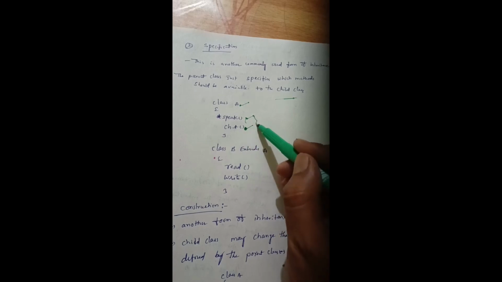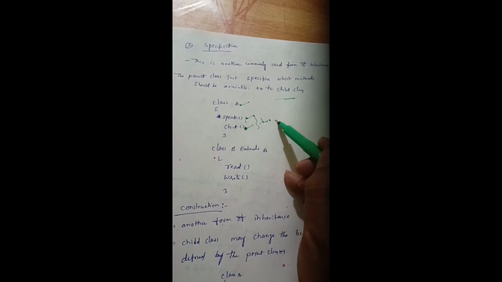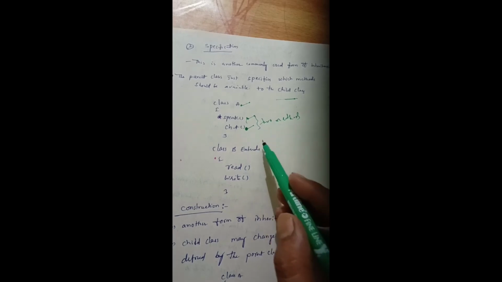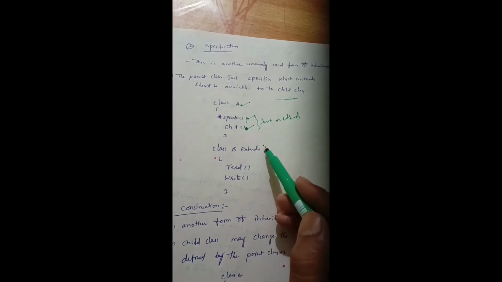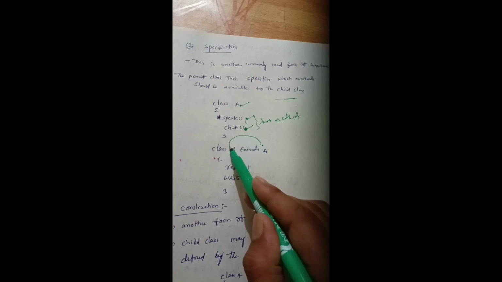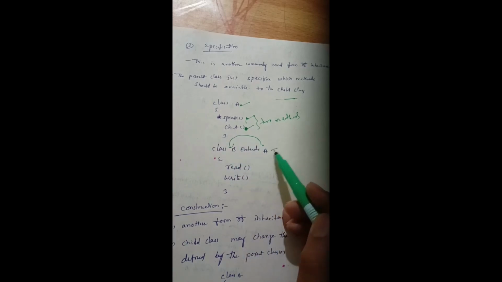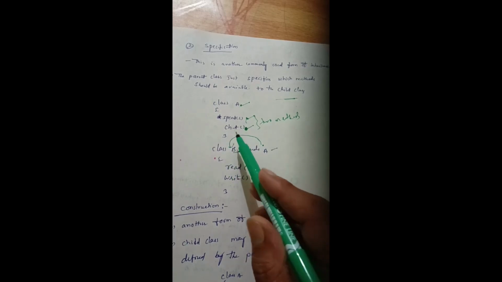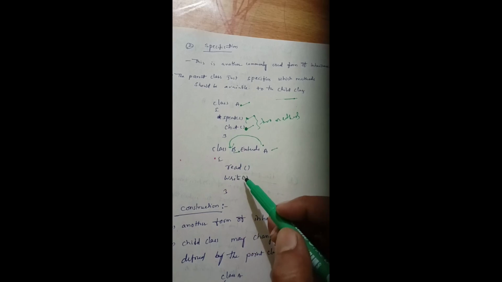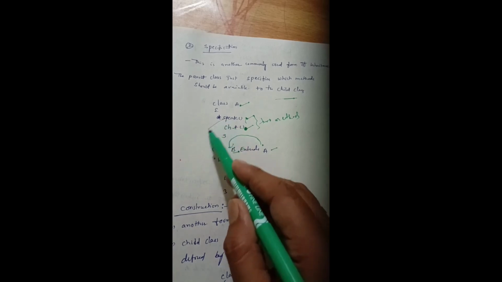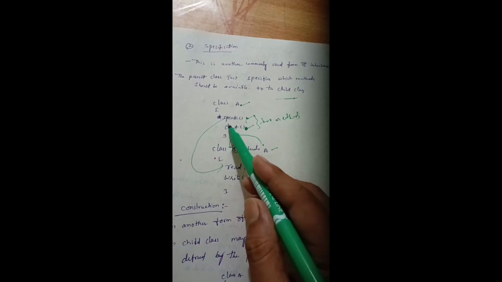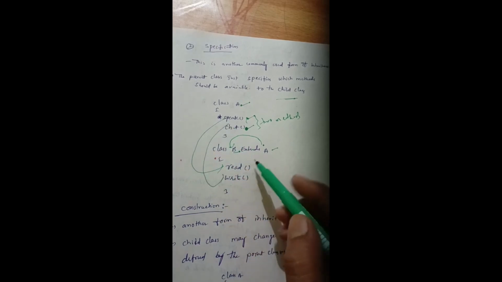Two methods. Now class A is extended into class B. This is the parent class, this is the child class. How many methods are available in class B? The speak method and chart method are both available.